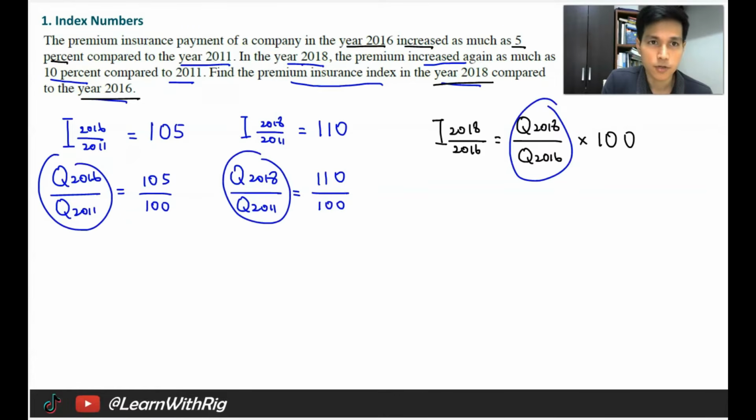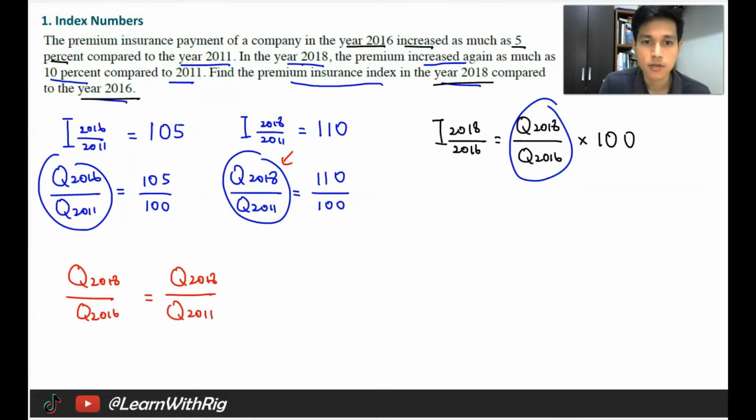So what we're going to do is, you're looking for 2018 based on 2016. This is what you're looking for. So I know the top here must be 2018, so I must use this, right? So Q 2018 over Q 2011 times. Now I don't want 2011, right? I want 2016. So what am I supposed to do?